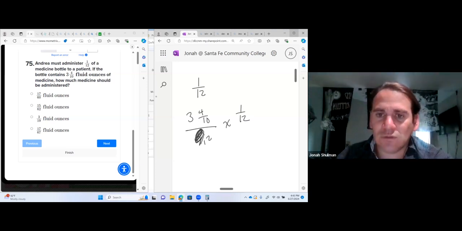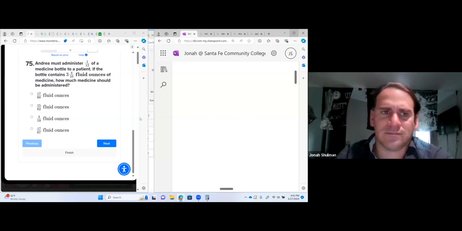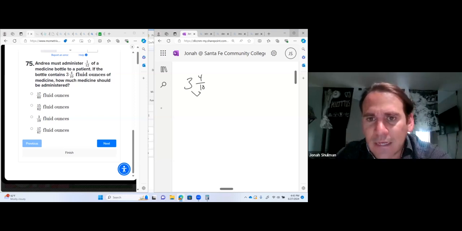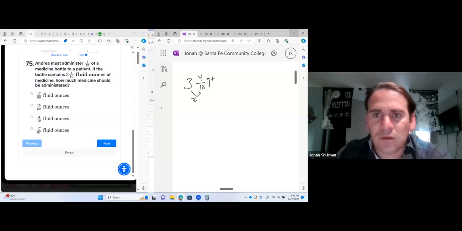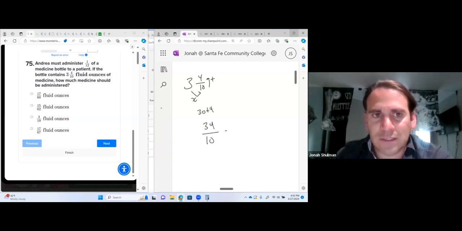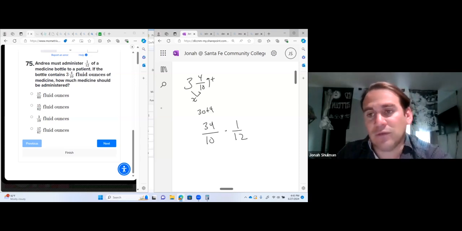The first thing I'm going to do is with this mixed number, this 3 and 4/10, I'm going to multiply the bottom and add the top. So this is 30 plus 4. So I have 34/10. And now I'm going to multiply this thing by 1/12. Why? Because it's the same thing as dividing by 12.